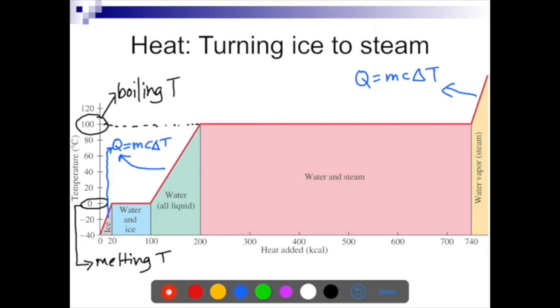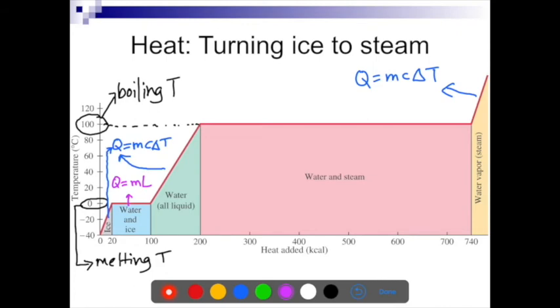On the other hand, you can see here that if you have two phases existing at the same time, for example, water and ice, then any heat added to water and ice goes into changing the phase of ice to water, meaning changing phase from solid to liquid. So in this part of the graph here, where you have two phases existing, solid ice and liquid water, the heat added goes into phase change, and that will be a positive ml if you're going from ice to water.